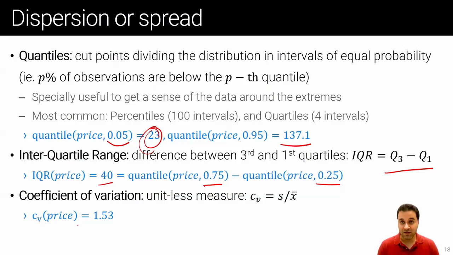So just like the standard deviation is telling us about something like the expected distance between any observation and the mean, what we have here is the expected distance between any observation and the mean, but in terms of means. So about 1.5 times the mean away from the mean. So that's what this is telling us.